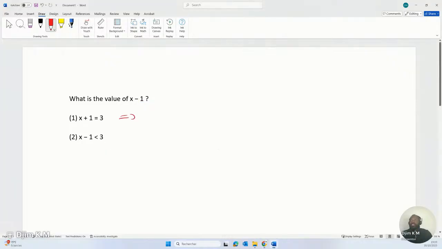So with this first condition, x will be equal to 3 minus 1, which is going to be 2. So x is equal to 2. And this x minus 1 is going to be 2 minus 1. That will be equal to 1. Okay, so this is sufficient.